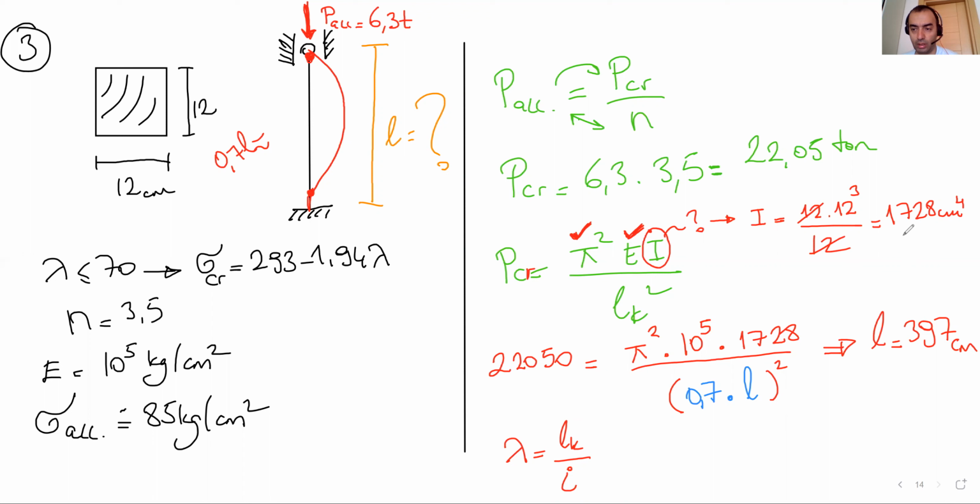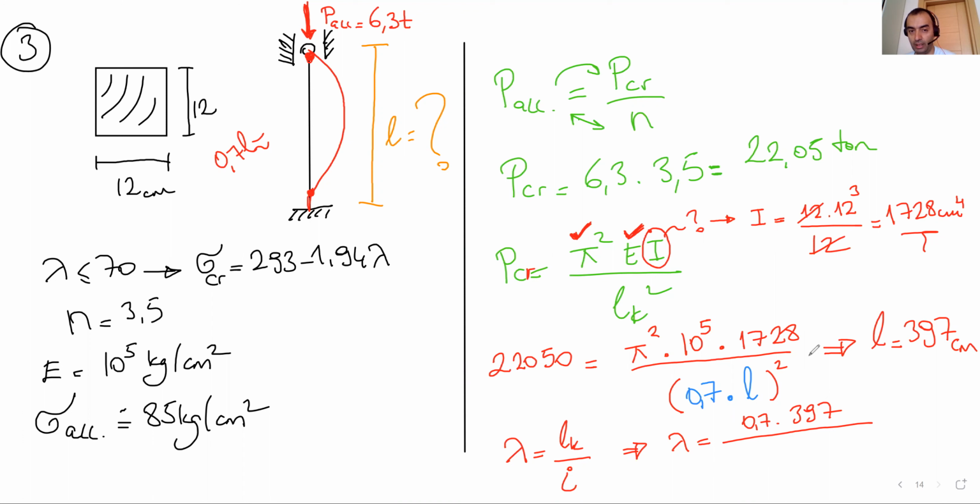No, we are gonna calculate it. Lambda equals LK, 0.7 times L, over i.